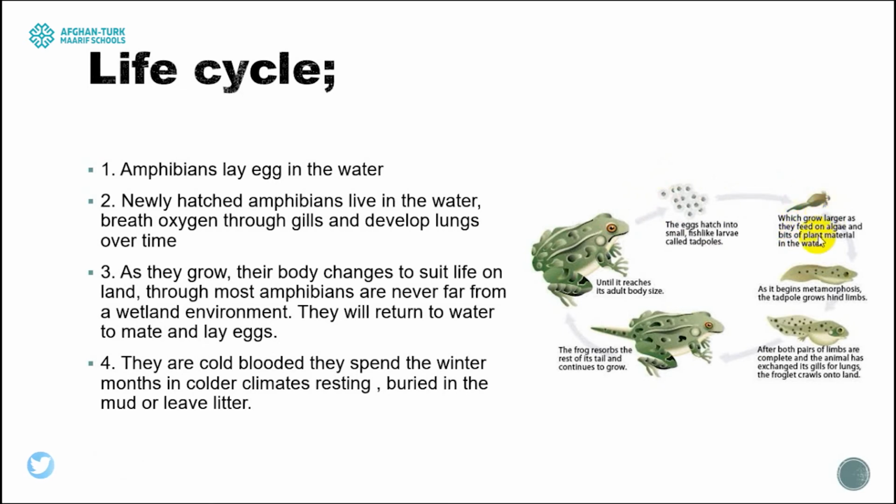As they are inside the water, they are breathing or developing gills for exchanging gases. But once they are growing up, once they are becoming a terrestrial amphibian, they are replacing that gill with the lungs. And after a time this structure which came out from the egg changes its shape, we can say.